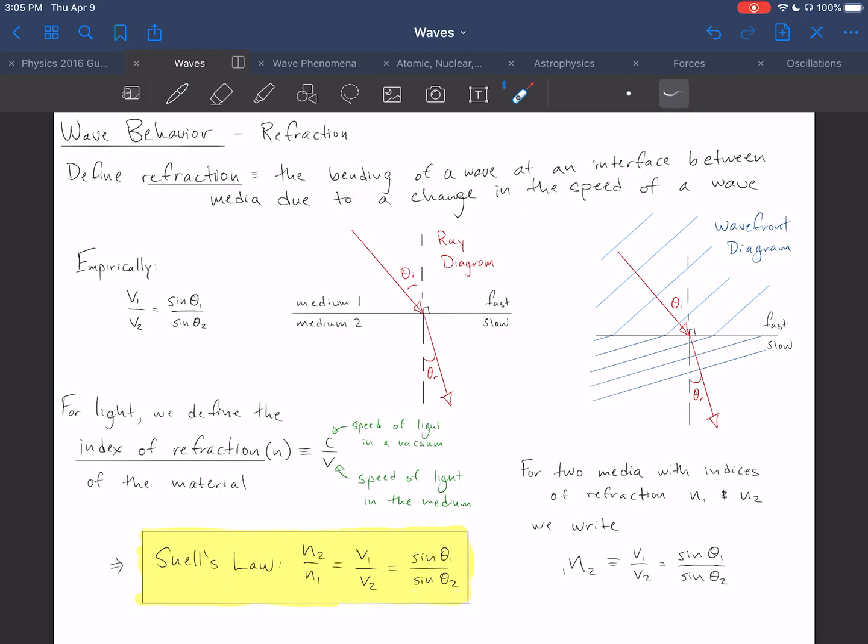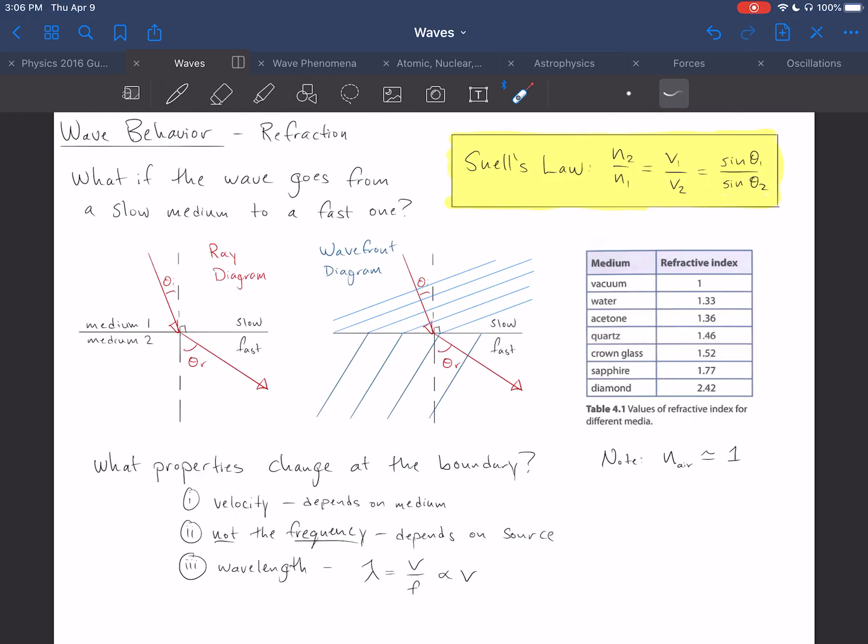So with that idea in mind, if light is traveling from a material like glass to a material like water or vice versa, then we can just directly define the index of refraction between those two media. Notice this is for those two media specifically to be the ratio of the speeds in those media. So v1 to v2 is equal to sine of theta 1 over sine of theta 2.